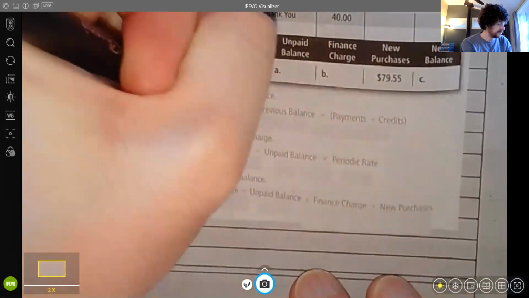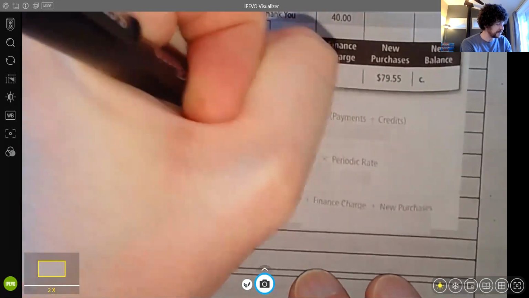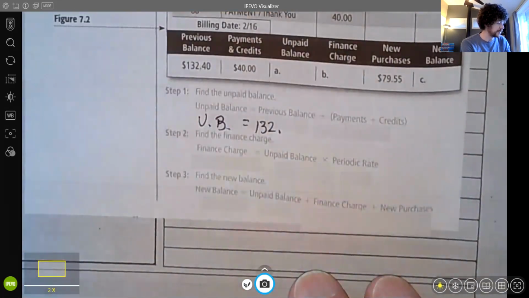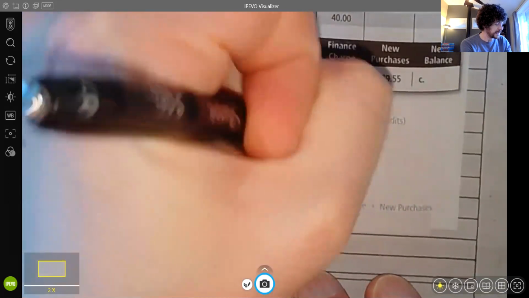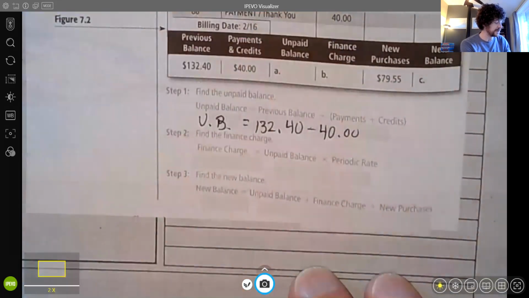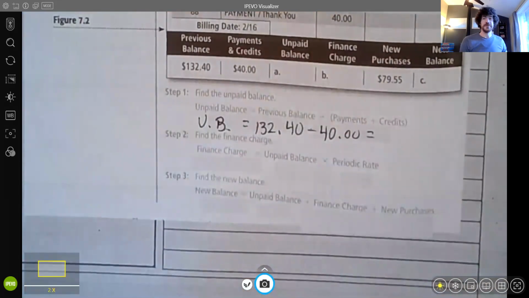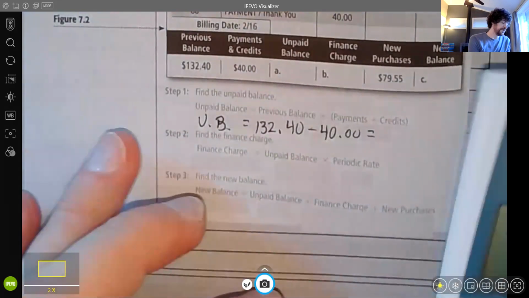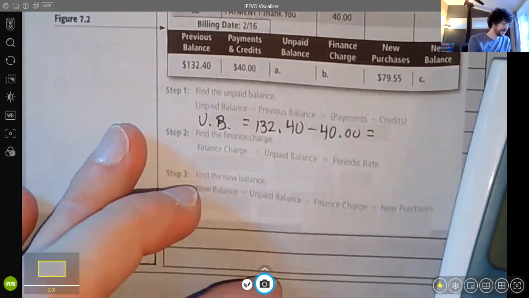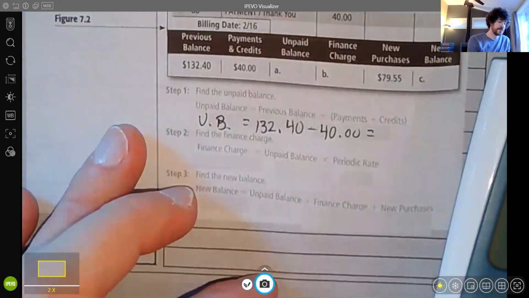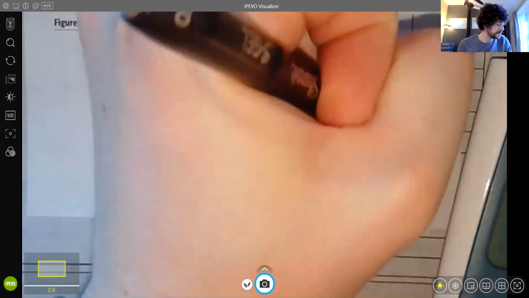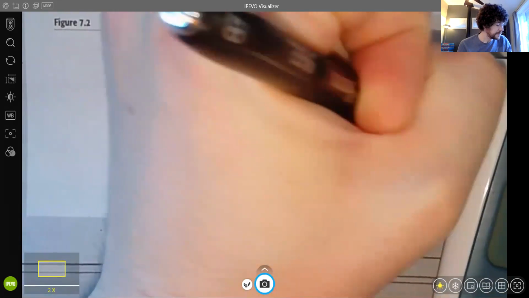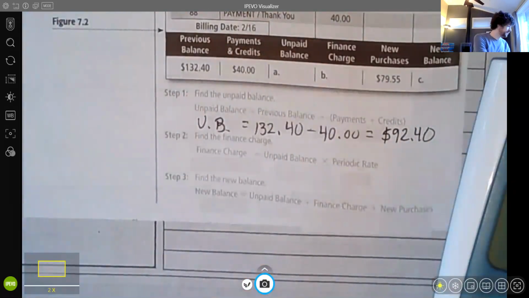So unpaid balance equals $132.40 minus $40. So we end up with $92.40.